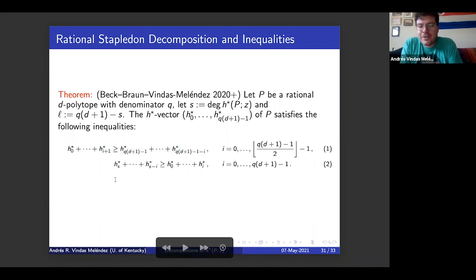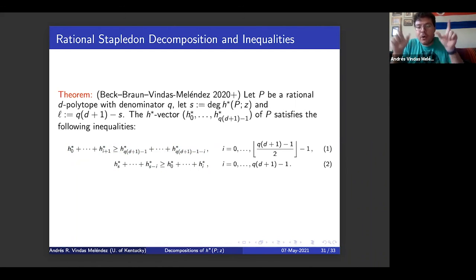I might have gotten that the other way around, but in any case, they each did one separately. And so what we contribute towards that classification is some inequalities that are satisfied by the H star coefficients.